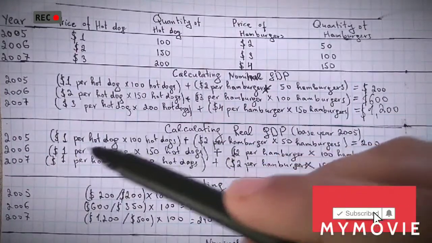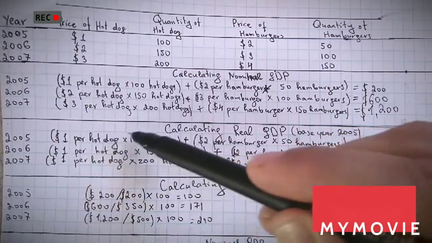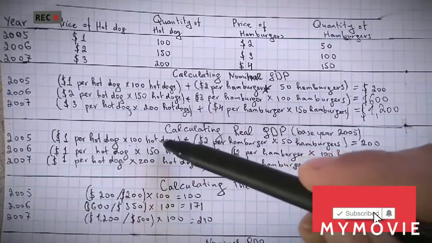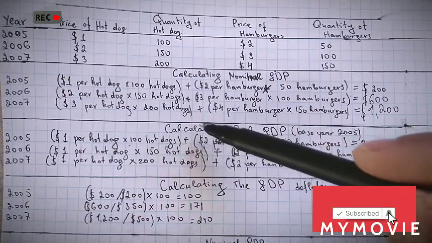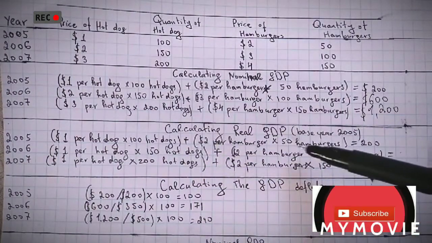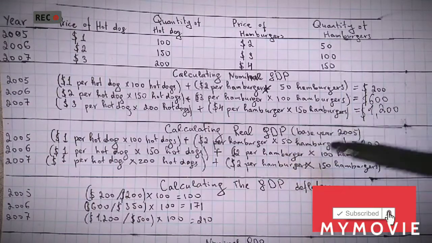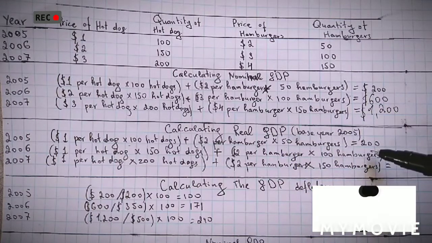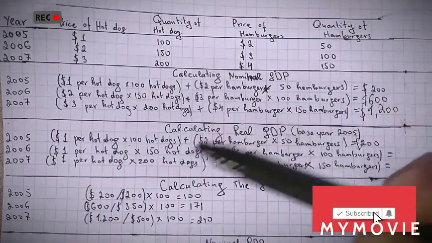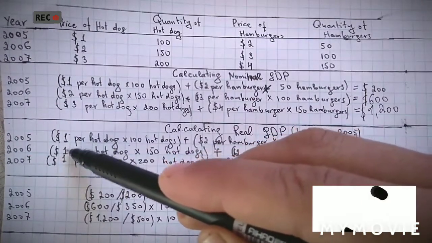So let's see. $1 per hot dog in 2005, and the quantity is 100 hot dogs, so it's multiplied, and $2 in 2005 for hamburgers. The quantity is 50 hamburgers. So the result is $200.